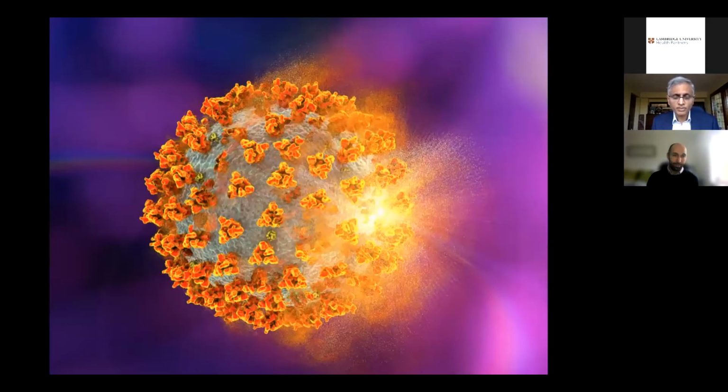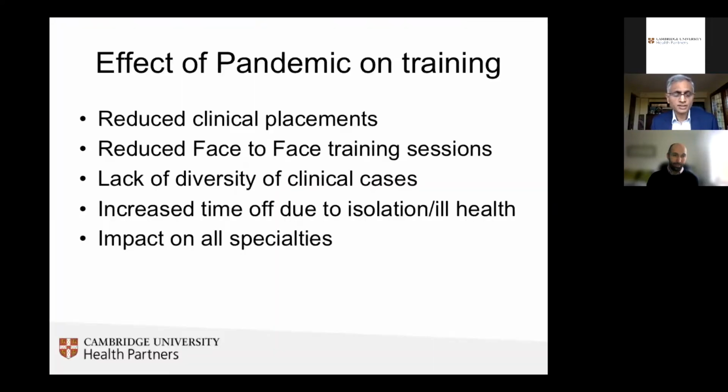Of course, the COVID pandemic has had major effects on the ability to train our doctors. And there's a whole host of reasons, but this is a list of some of them. Largely, there has been a redeployment of doctors and students to cope with the surge of COVID patients, both in hospitals and out in family care, primary care.